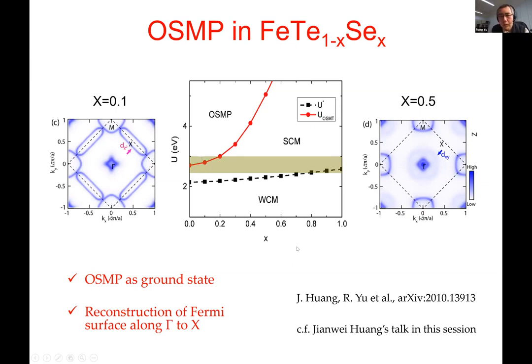And at the same time, we find that across this orbital selective Mott transition, there is a reconstruction of the Fermi surface. So for example, for x equals 0.5, we see this faint, but still visible, dxy-like hole pocket, very big, centered at the gamma point. But once we are inside this orbital selective Mott phase, when x equals 1.0, we see that the Fermi surface consists of an ellipse centered at the X point.